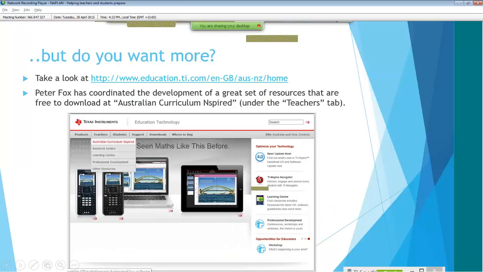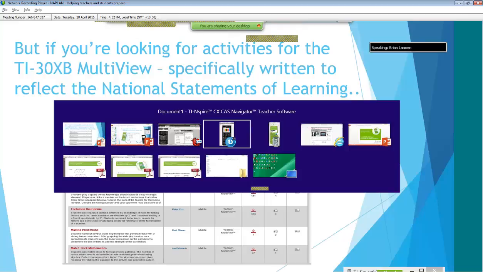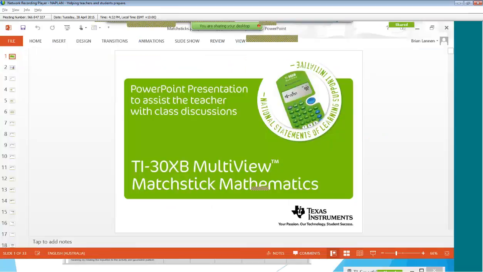Selecting that, you get a set of lessons. Here's one, Matchstick Mathematics, that Ian Edwards from Melbourne did. What I have in that suite of activities is a PowerPoint, another PowerPoint that you can use, and also sets of student worksheets and accompanying teacher notes with solutions.